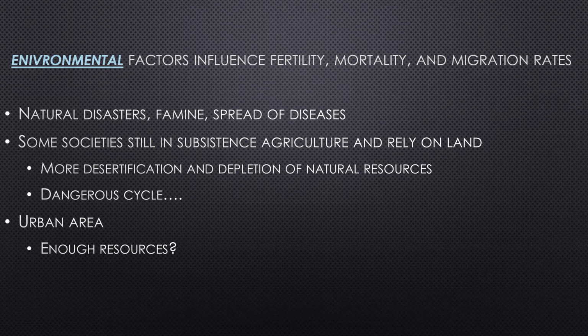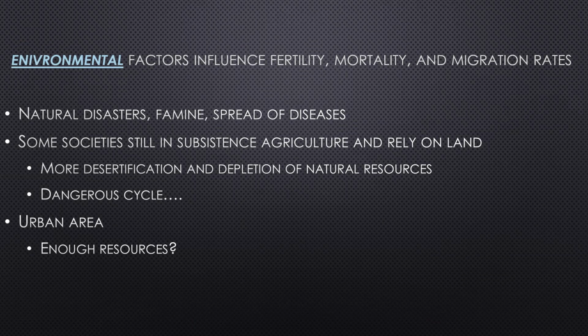Or we could look at societies, whether they're agricultural, developing or developed. Some societies are still in subsistence agriculture and rely on the land, but when you rely on the land so much, you get more desertification and depletion of natural resources.